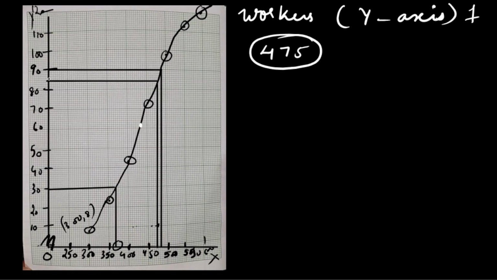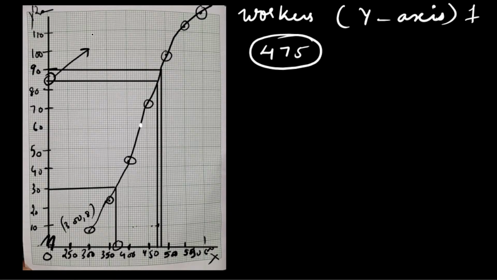How many workers are there at this point? How many workers are you getting? It should be 85 or 86. How much are you getting? 85 or 86 you should get.